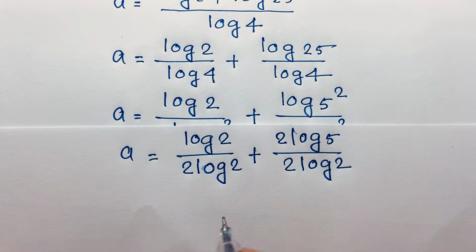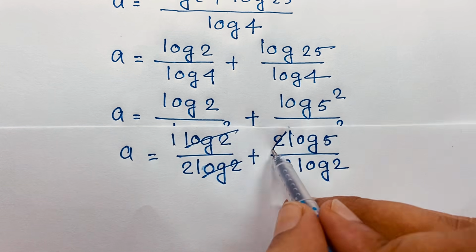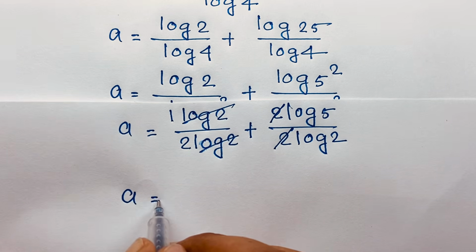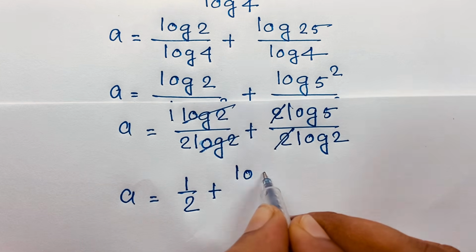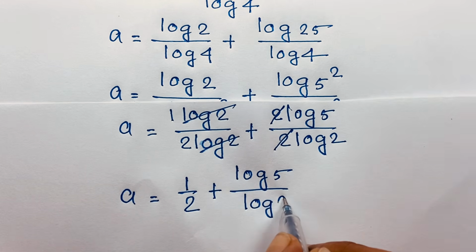Now at this moment you can say this log 2 cancels, this is 1, this 2 is cancelled. We will find a is equal to 1 over 2, plus log 5 over log 2.